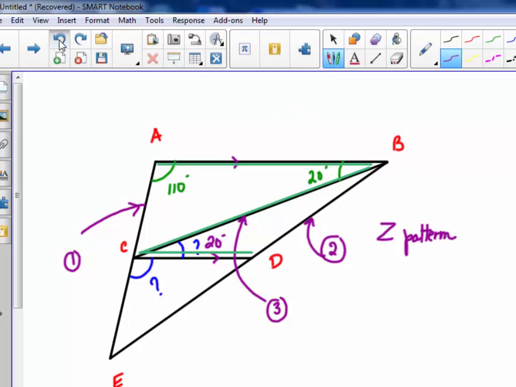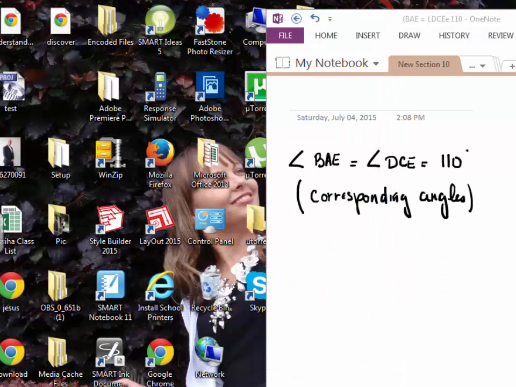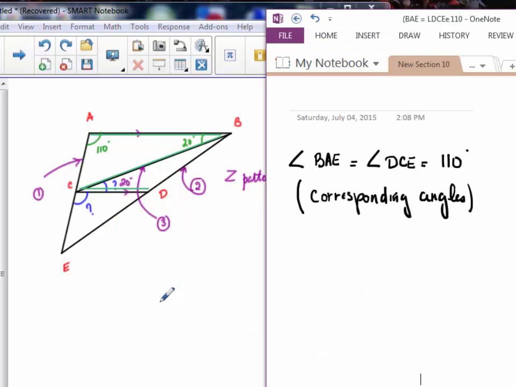So as you can see, 20 and 20, they are equal because they are alternate angles. I go to this one and I say angle ABC, which is 20 degrees, equal to angle BCD equal to 20 degrees.